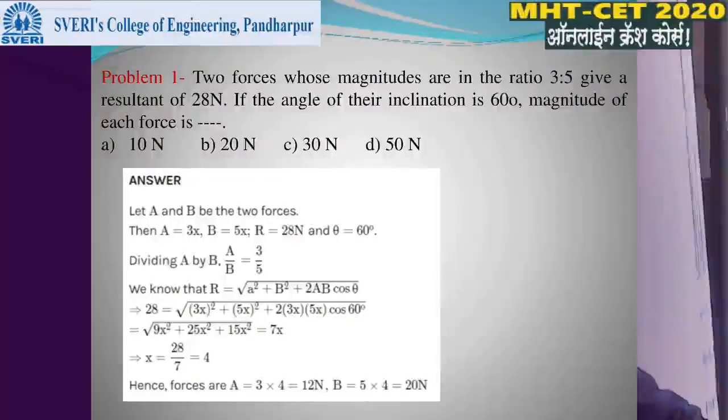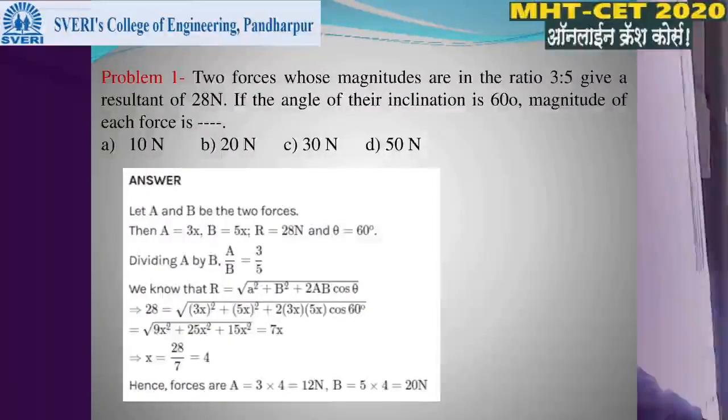Again, if we solve this step, then we get under root 9x square plus 25x square plus 15x square, which is equal to 7x. So x is equal to 28 divided by 7, which is equal to 4. Hence the forces are A is equal to 3 into 4 is equal to 12 Newton.